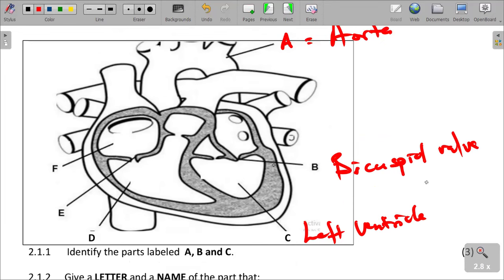That is why the thickness of the walls is not the same.